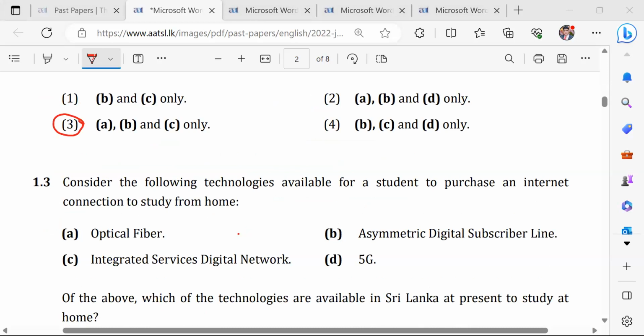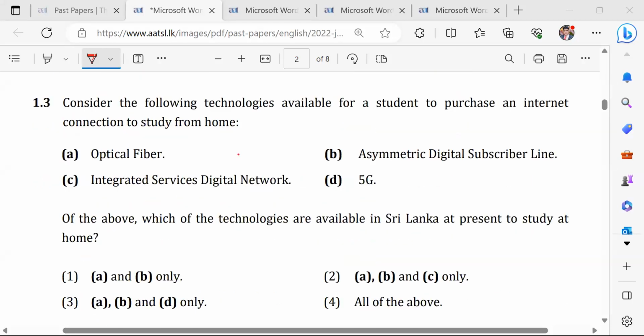What are the options available for connection? A, optic fiber. B, asymmetric digital subscriber line, that is ADSL. That is one home broadband solution.